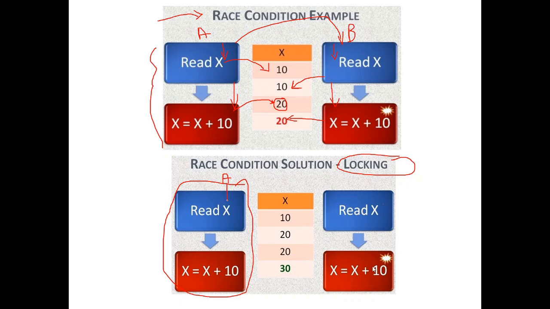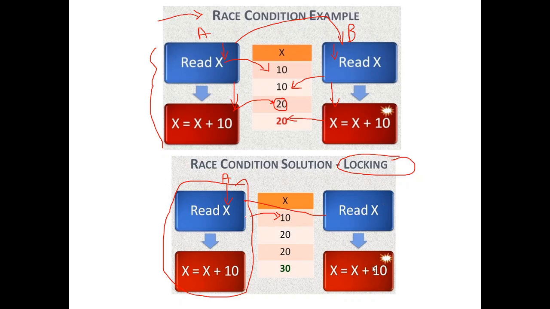When process A is reading the value of x, it reads 10. Now in between, if process B interrupts and tries to read the value of x, it is already locked, so it cannot read the value of x.